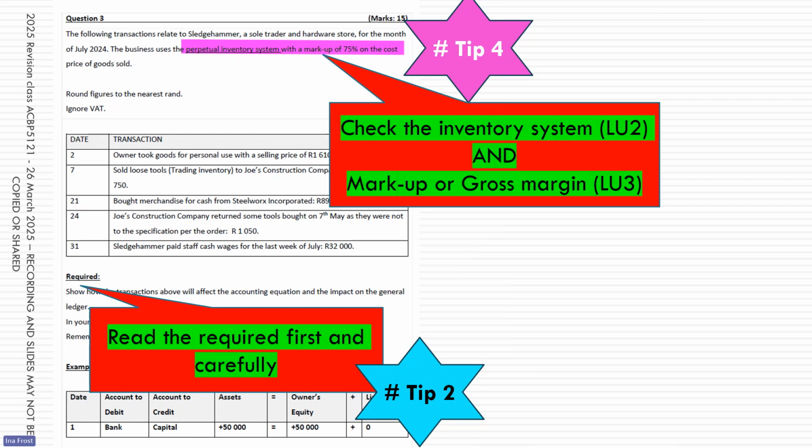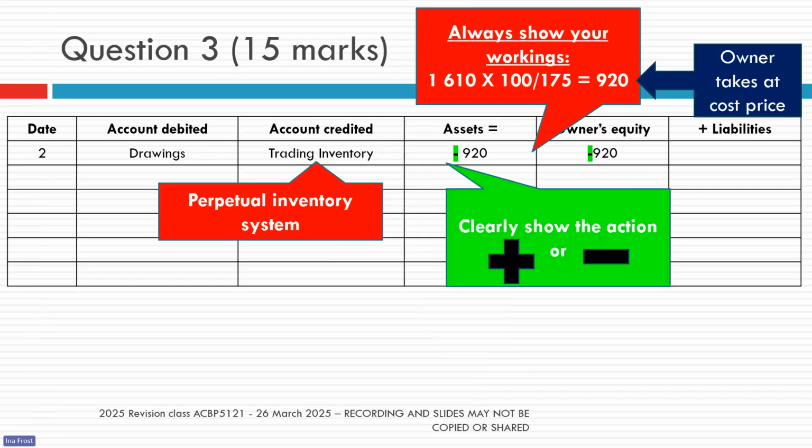Certainly, on your test paper you can do exactly what I've done on my slide and highlight that important fact that it's perpetual inventory, and then you won't forget it. The other key thing to look out for is whether they are using a markup or a gross margin when they sell their inventory. I will discuss that in the next session when we talk about learning unit number 3. That's another important tip for the test.